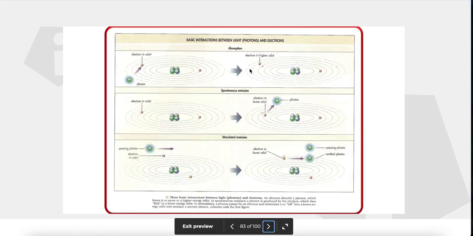Here's the same again. We can see here that the electrons at the higher orbit are in excited state, while those at the ground are in unexcited state. For the electron to become unexcited, it will release the energy to reach the ground state.